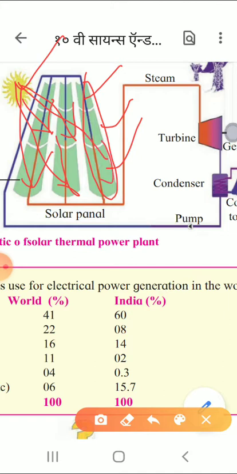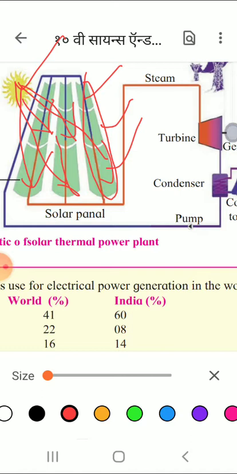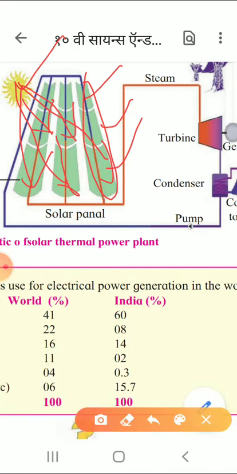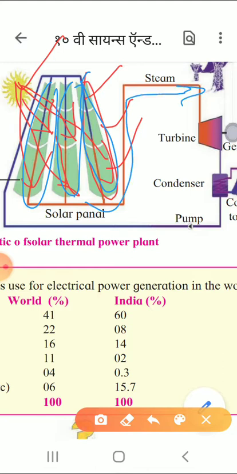Then whatever the water is there inside will get heated. Here is the water. I am showing it with blue so that you can understand. This gets heated. It goes from here. Then here it is forming the steam due to the radiation of the sun. Then this steam moves to the turbine. Ultimately this turbine moves to the generator, children, and the electrical energy will be generated.